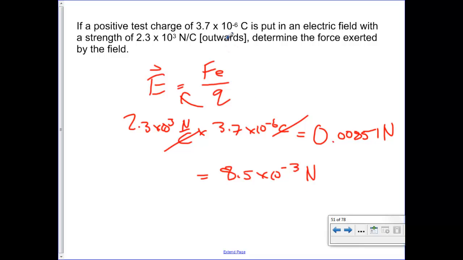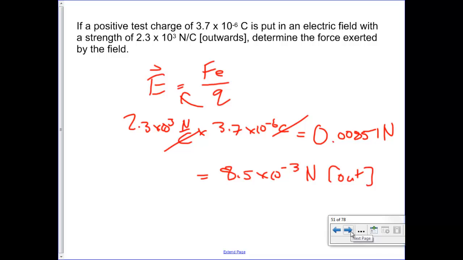If the electric field pushed us outward, it would be fair to say that this is still getting pushed out. I don't care what word you use, out, in, towards, away, but make sure you include some word to indicate whether you're getting pushed towards the field or away from the field.